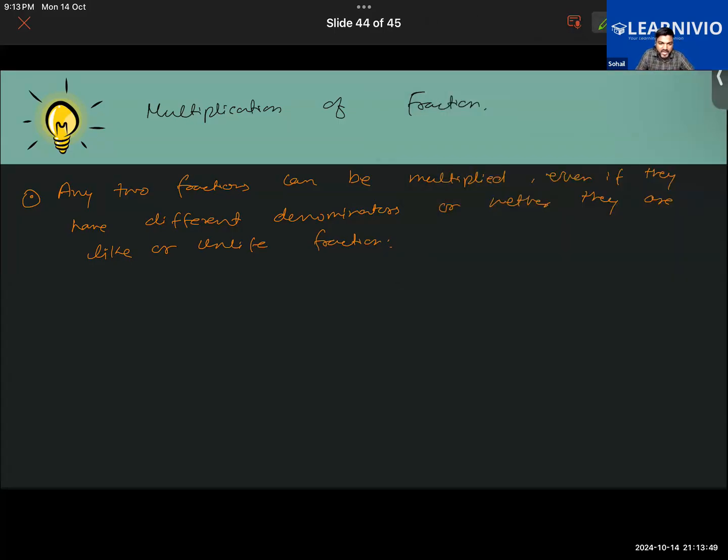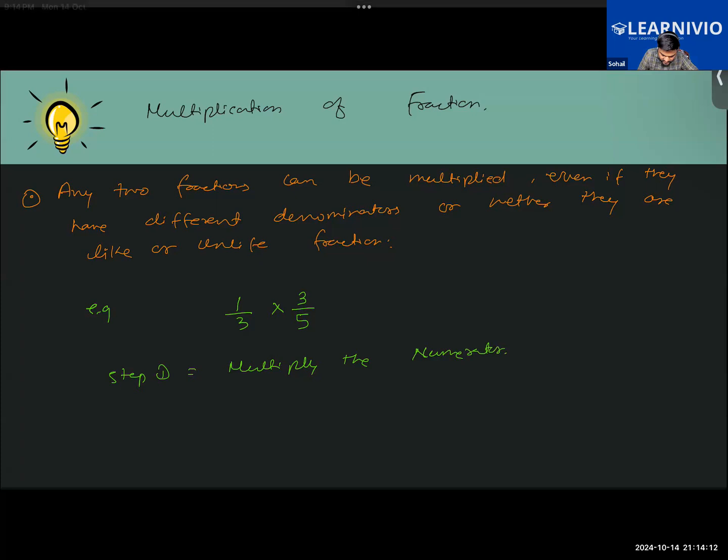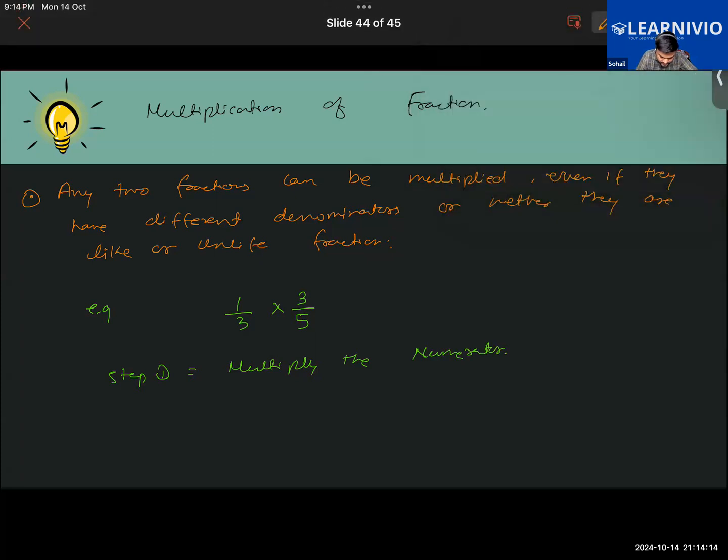Take for example, we have the fraction 1 upon 3 and we're multiplying it with the fraction 3 upon 5. Step number 1 says multiply the numerators first. What are the numerators in the given fractions? 1 and 3.